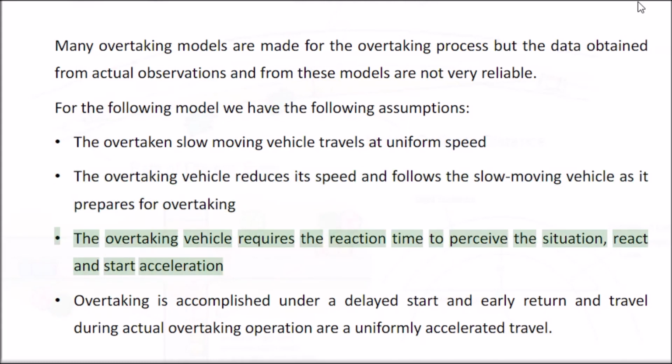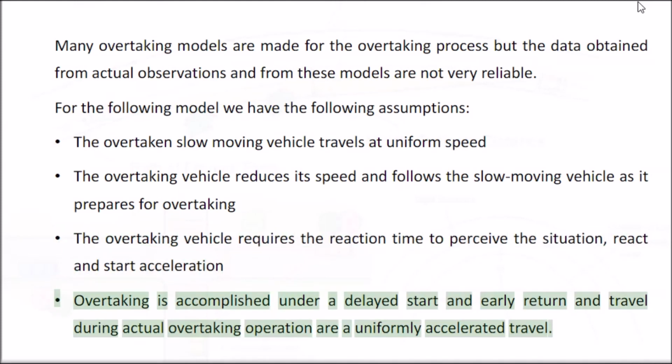The overtaking vehicle requires reaction time to perceive the situation, react and start acceleration. Overtaking is accomplished under a delayed start and early return, and travel during the actual overtaking operation is uniformly accelerated travel.